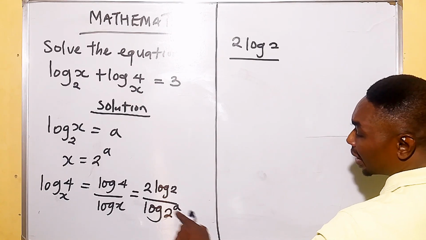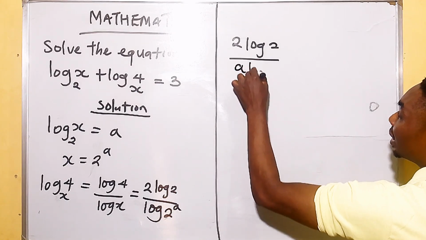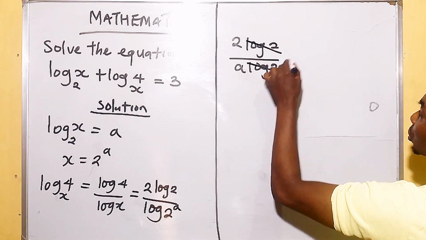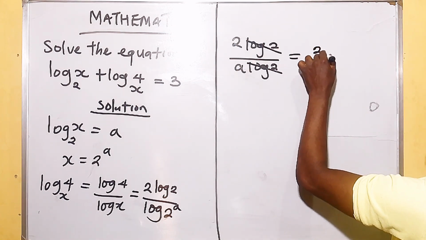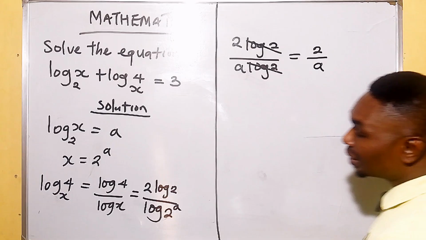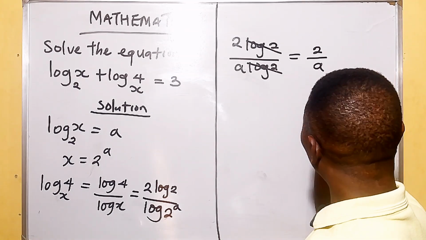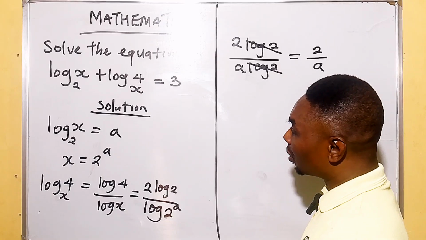Since the power here becomes a number, we now have a log 2. So log 2 will cancel log 2. So here I have 2 over a. It means that log 4 base x is equal to 2 over a.